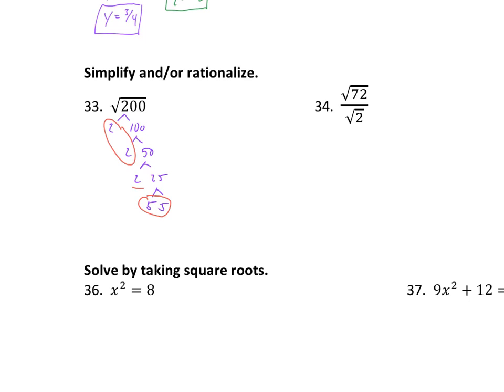So every pair gets to come outside. Square root of 4 is 2. Square root of 25 is 5. And then everything that was alone stays inside. So that would leave me with 2 times 5, which is 10 square roots of 2. It's the same thing as the square root of 200.